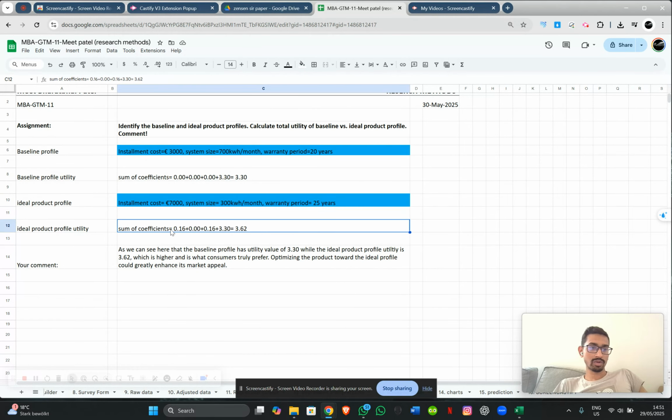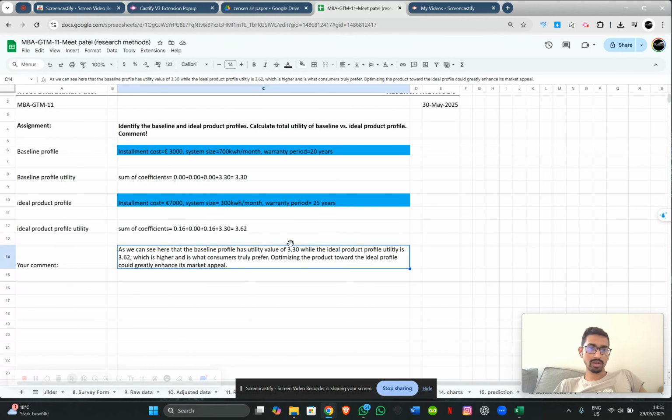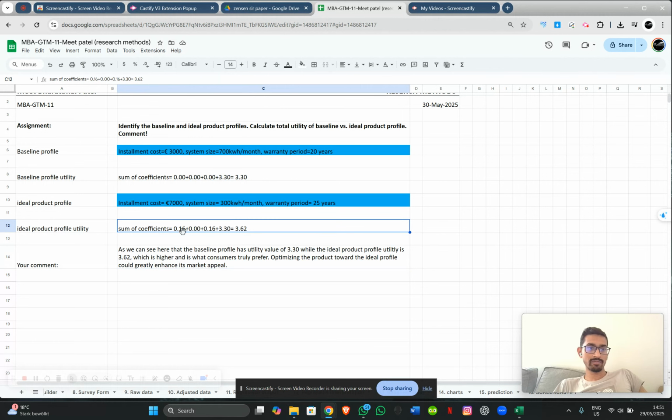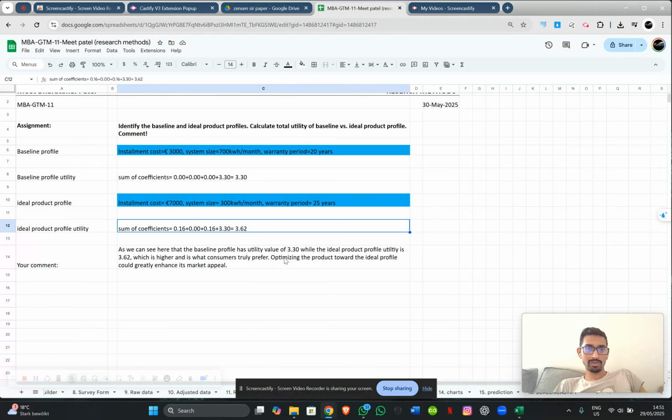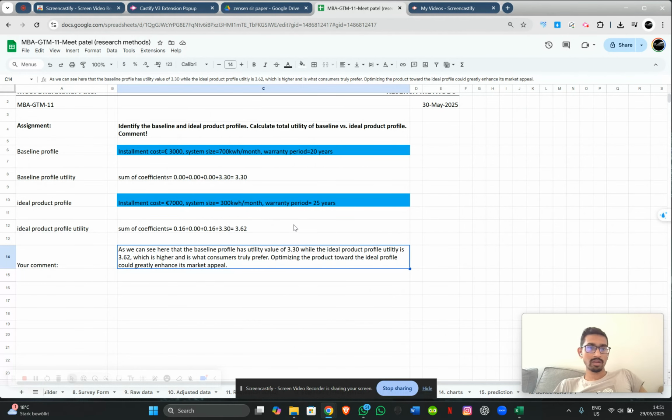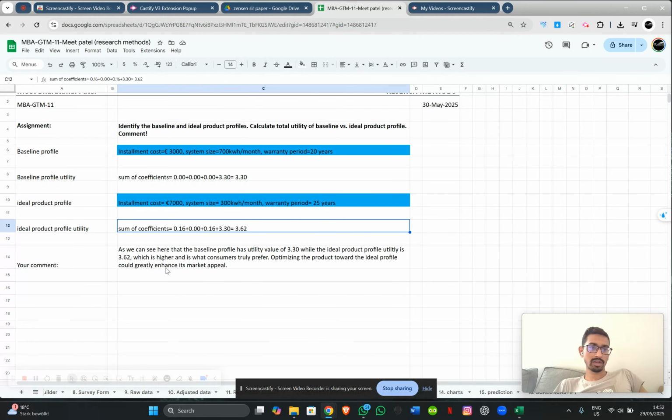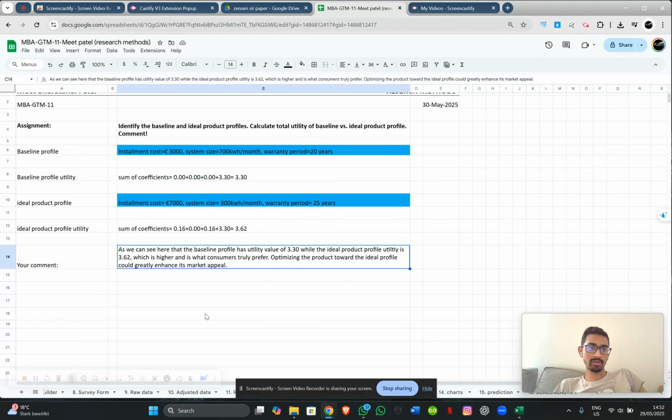The total coefficient is 3.62. So the utility value is 3.30 for the baseline, while the ideal profile utility is 3.62. The value is higher, which I think consumers truly prefer, and the product moving toward the ideal profile has great enhancement for market appeal.